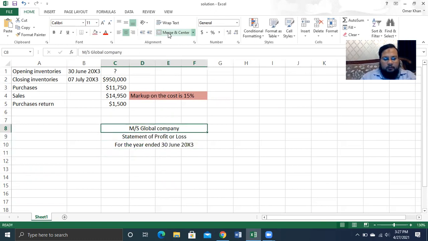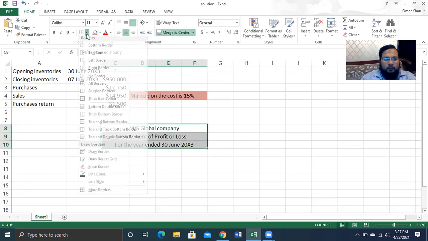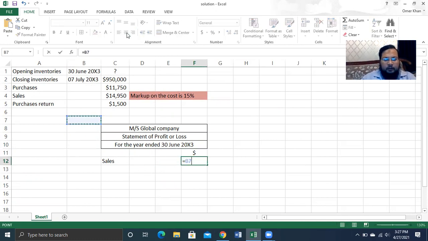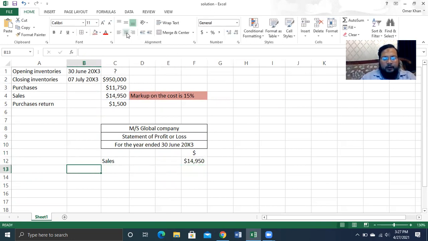Okay, so let's have a look at the information given to us. We are provided with the sales, and it is 14,950. But remember one thing, that these figures are based on the markup on the cost. So I will explain to you later why this information is extremely important, because without this information, you cannot solve this question.